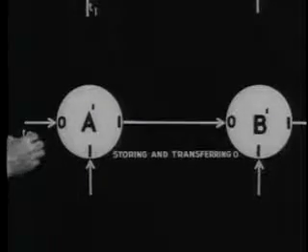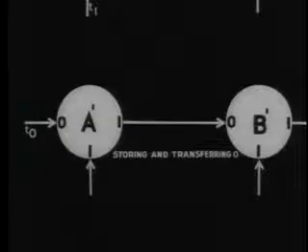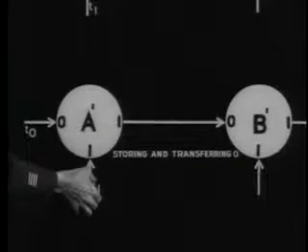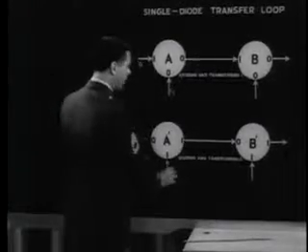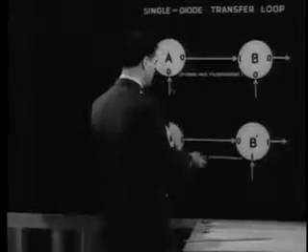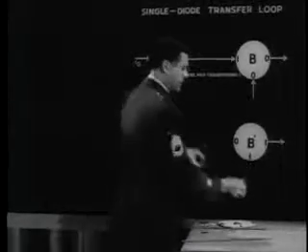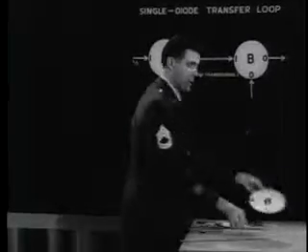That is to say, it was done by producing an output pulse that switched the next core in line. And in both cases, we were able to control the time of the transfer. The input pulse at time t0 placed the bit in storage, and it was held there until the shift pulse at time t1 transferred it. The single diode loops have many applications in automatic data processing systems, but there is a limit to the amount of control they provide.